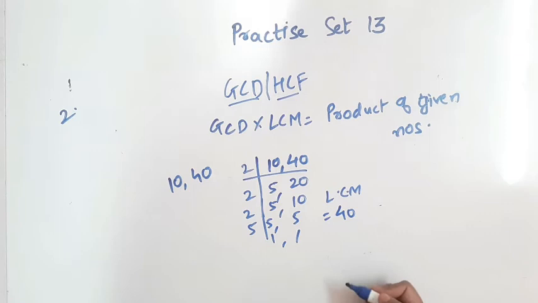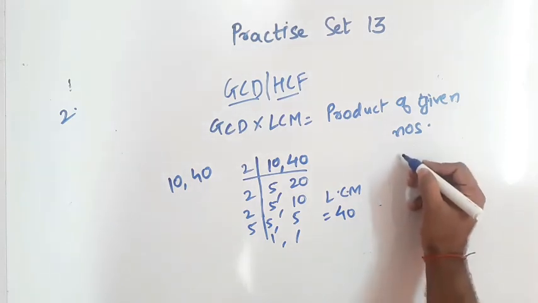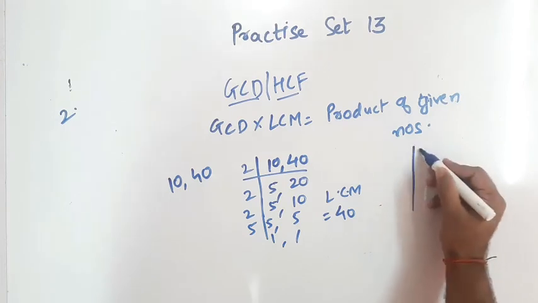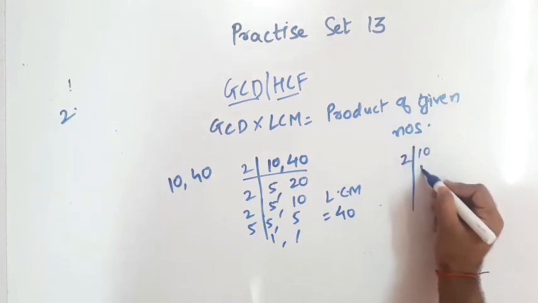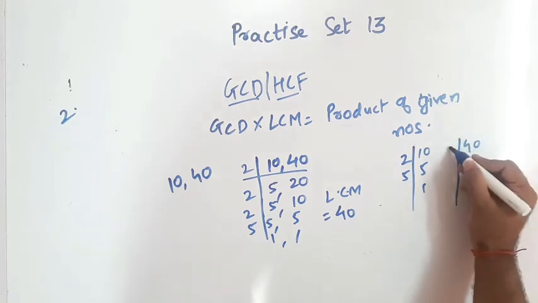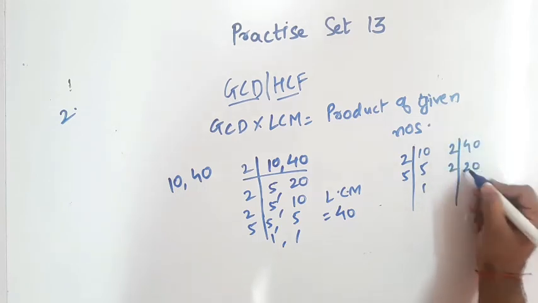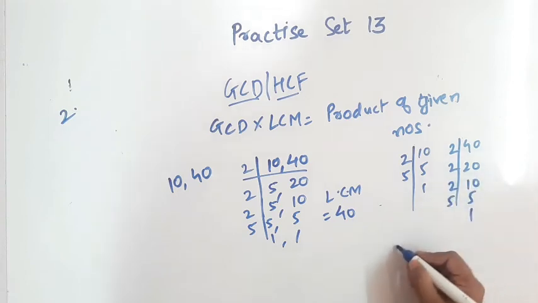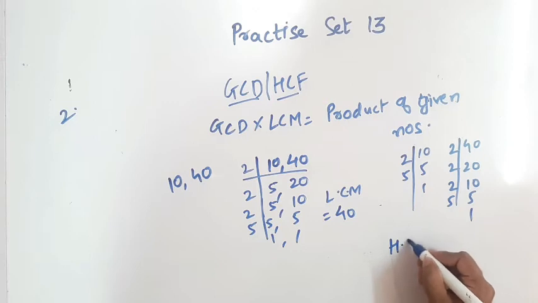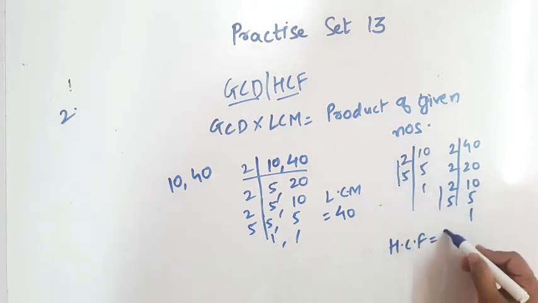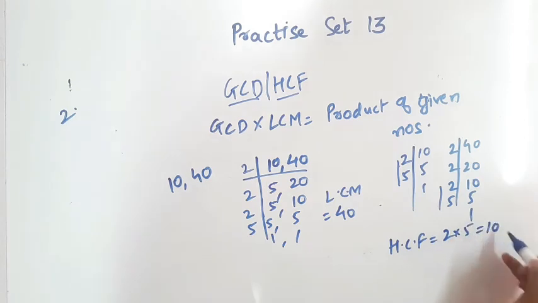Okay, let us go for GCD. 10: 2 5 5 1. Okay, and 40: 2 20, 2 10, 2 5, 5 1. So highest common factor is 2 into 5 I can take, so that is 10.